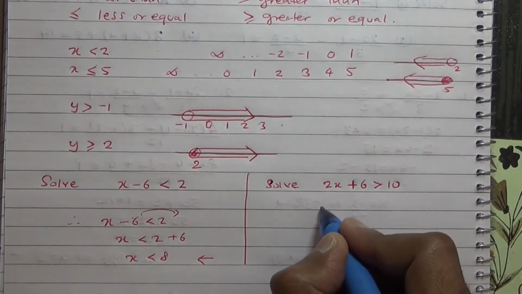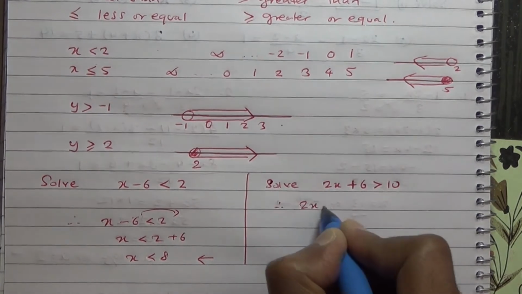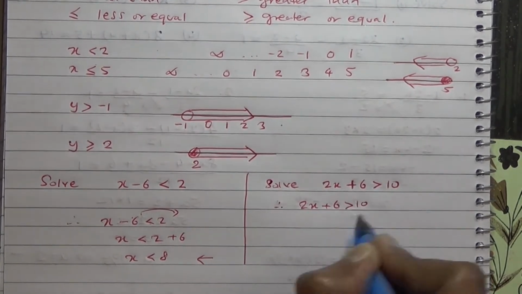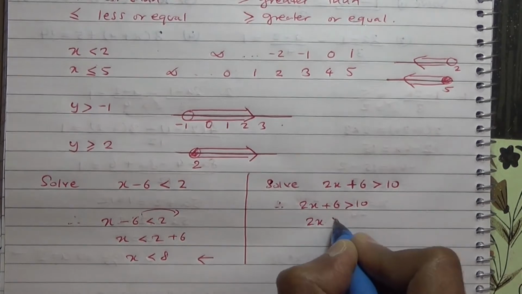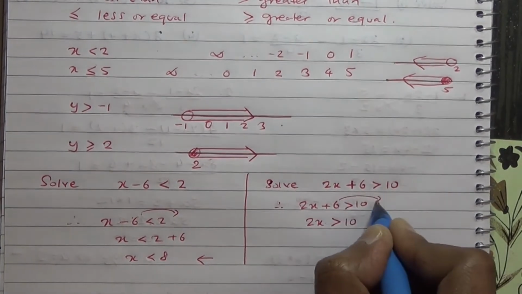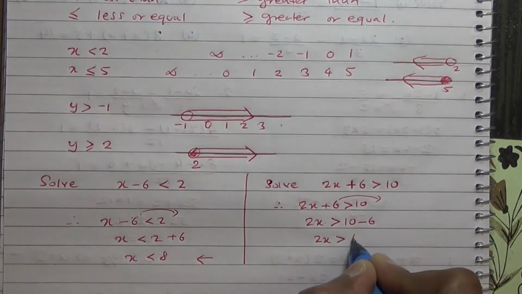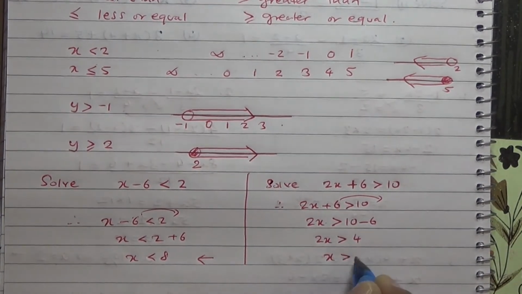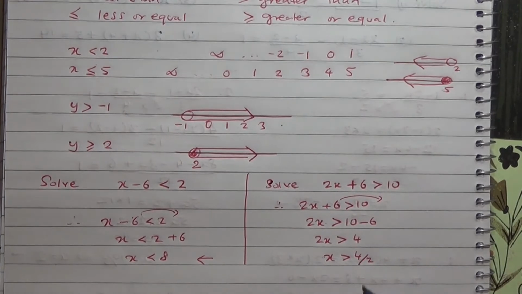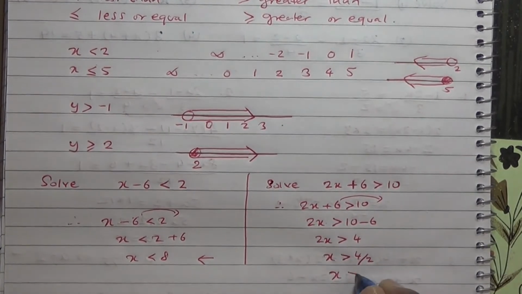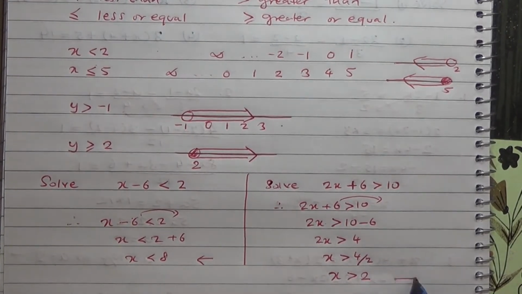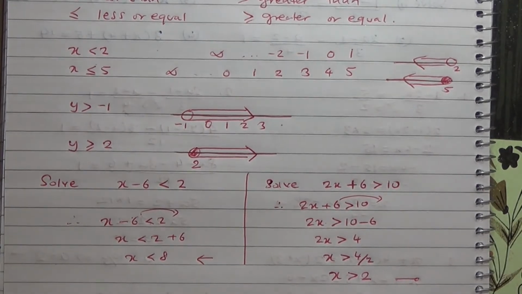So we got then, therefore, 2x plus 6 being greater than 10 is the same as 2x being greater than 10. The plus 6 can go there, becomes minus 6. And so 2x is greater than 10 minus 6 is 4. And x is greater than 4 divided by 2. Okay, that means x is greater than 2. So this is the inequality solved.